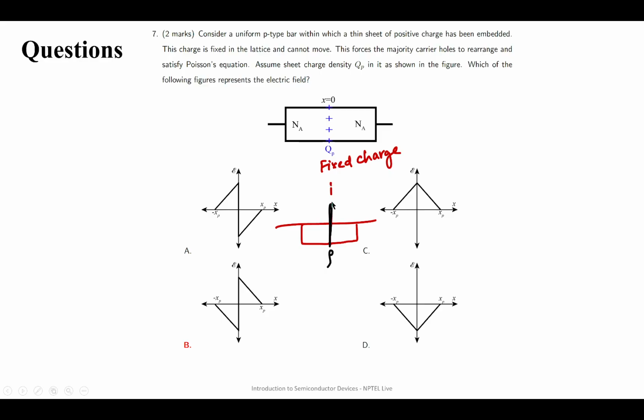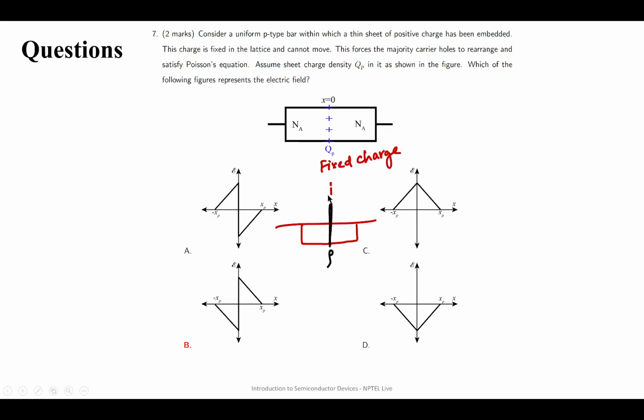Your center will be positive Qp, and when you integrate this region, you will have your electric field as minus Nax. So that will be like this, minus Nax, and in this region also it will be minus Nax, which will again have a negative slope.